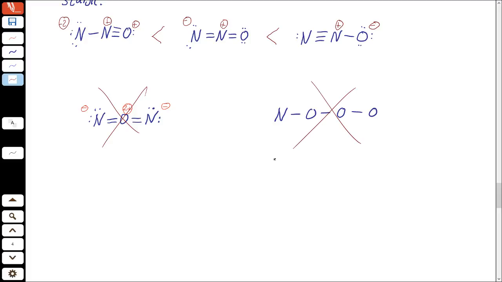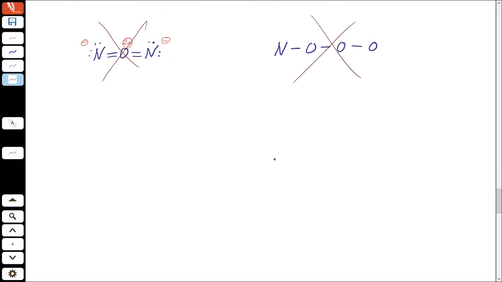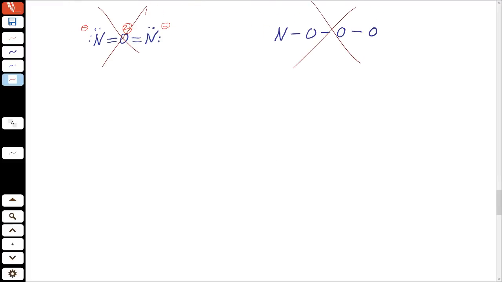All right, before we get on to all the exceptions, let's talk about drawing Lewis structures for organic compounds. Organic chemistry used to be thought of as a totally separate domain, that molecules that came from living things could never be the same as molecules that came from non-living things.